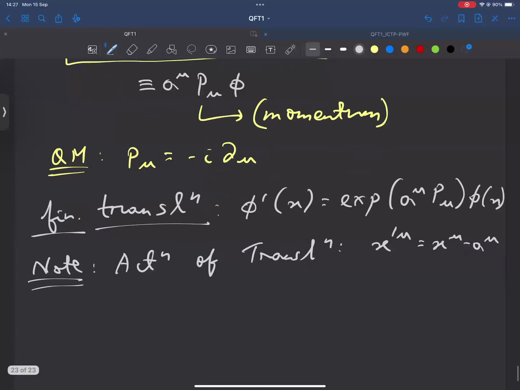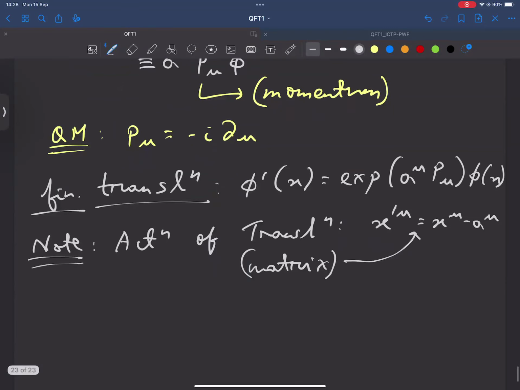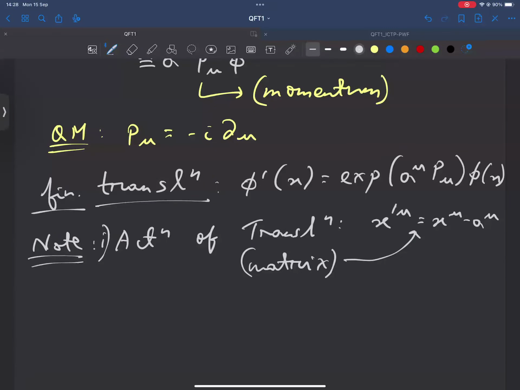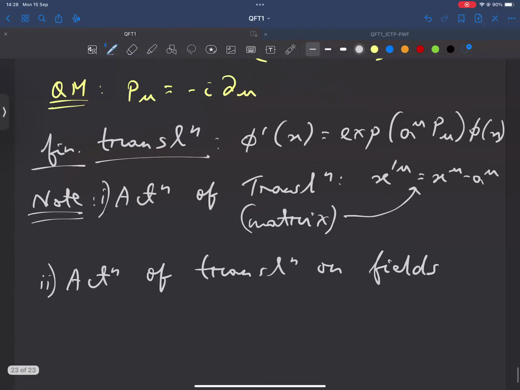And you can imagine a matrix that captured this action of translation. But now we are looking at the action of translation on fields, which are like phi of x.